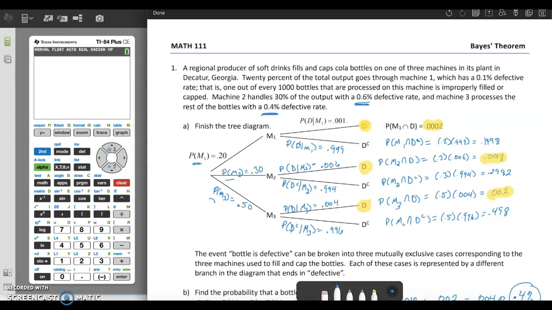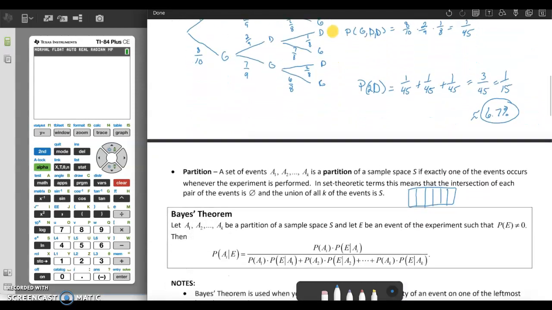So what Bayes' theorem is going to help us calculate is what if we wanted to do one of these conditionals, but in reverse? What if we wanted to find the probability that the bottle came from machine 1 given that it was defective? What if we want to find the reversal? How do we find the other way? That's what Bayes' theorem helps us to do.